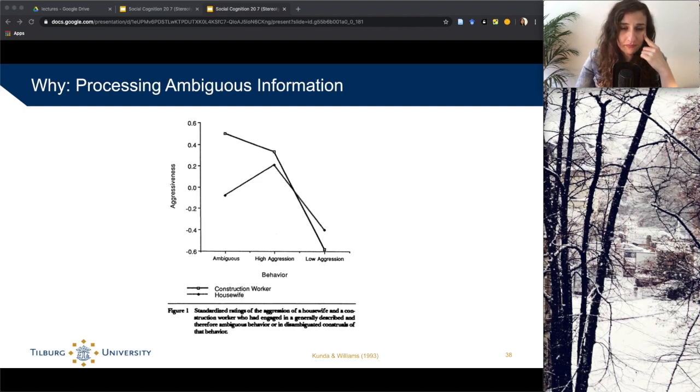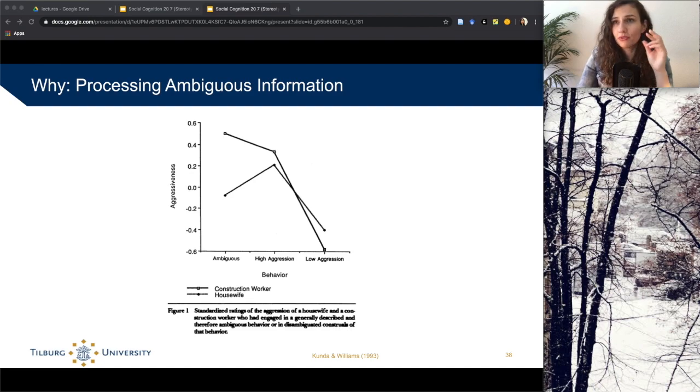Okay, so if we compare the ambiguous behavior to the conditions where there was more specific behavior, either high or low aggression behavior that was shown, then what we can see is that between the construction worker and the housewife scenarios, there's actually not much evidence of a difference in the aggressiveness rating given in the high aggression treatment and in the low aggression treatment.